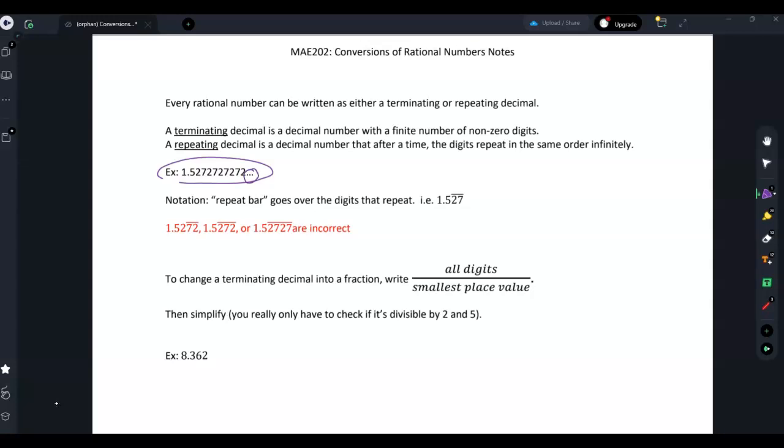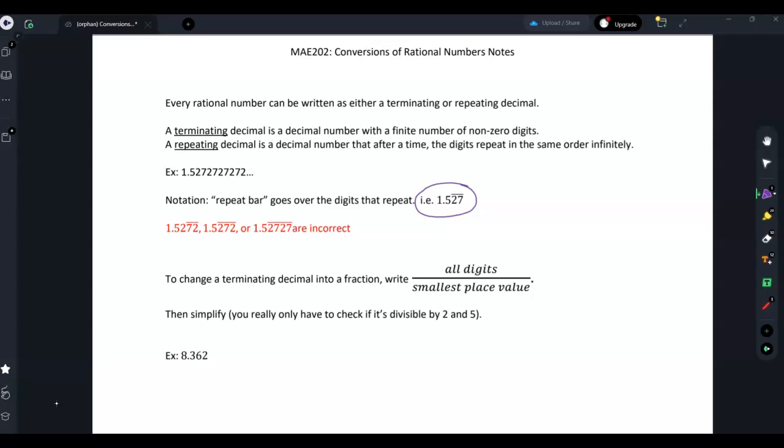Make sure you always include those if you don't include a repeat bar to indicate that it's going to keep going. The better way, of course, would be to use a repeat bar. What we would do here is the part that's repeating, we would put a bar over it to indicate that. So the correct way to show this one would be 1.527 repeating, and there's not any better way to say that.